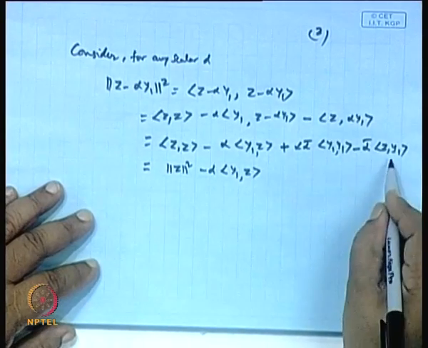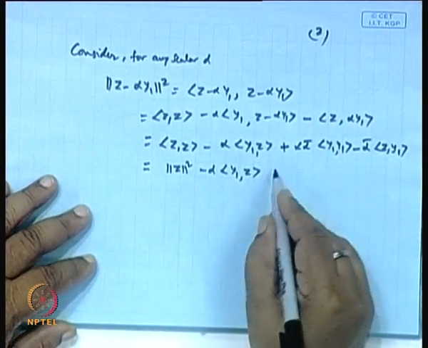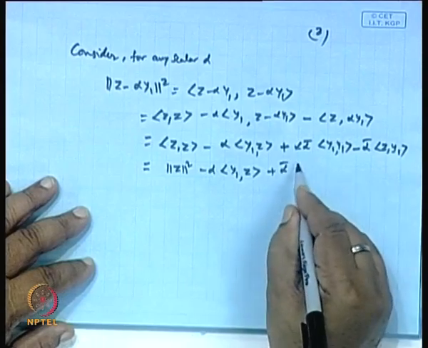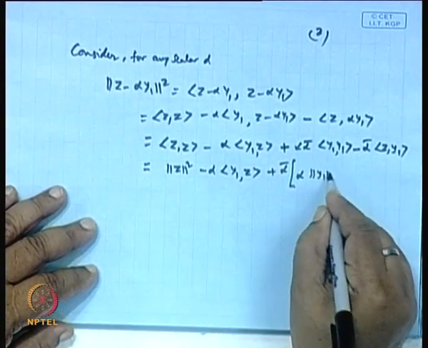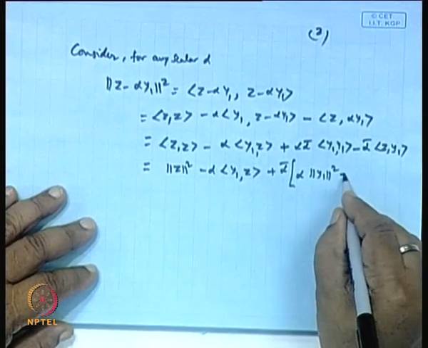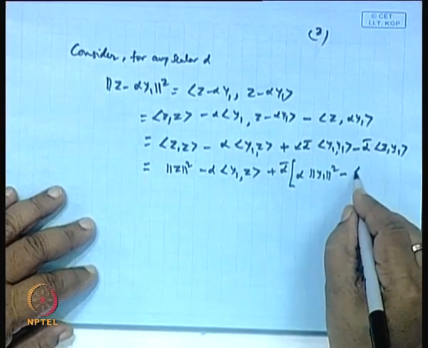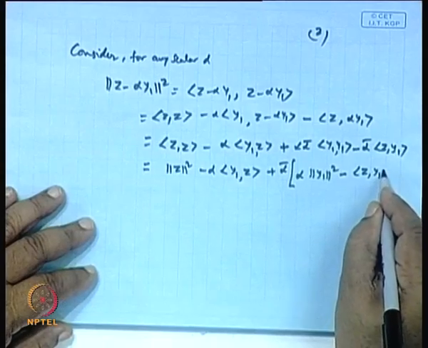Then, if I take alpha outside, what we get is alpha times norm y1 squared, minus the inner product of Z y1.